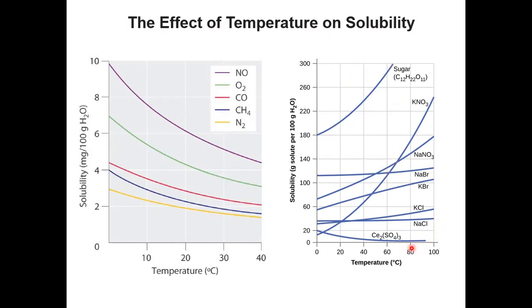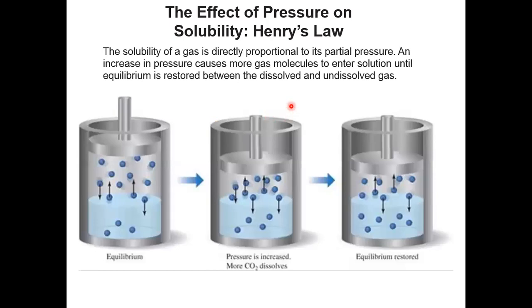You know for sure that if you have hot water, you can dissolve sugar better than in cold water, for example at 0 degrees or 20 degrees, right? At 20 degrees, the solubility of sugar is less than at 60 degrees. So this is how it's related to temperature.